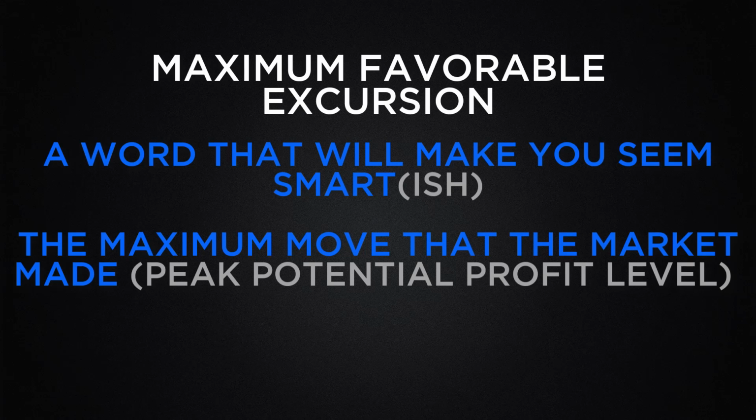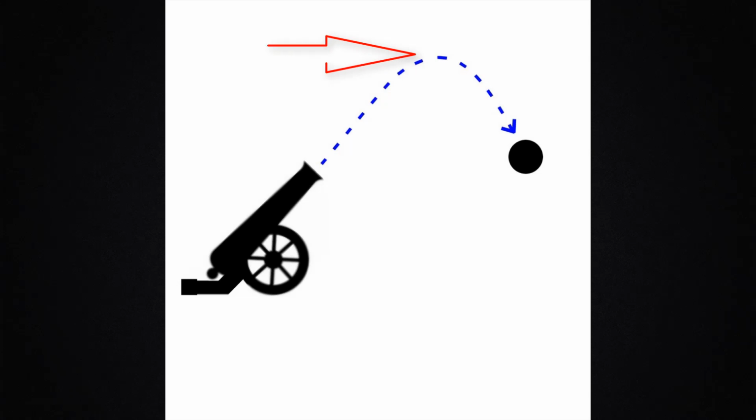But essentially what it is, you're asking yourself, what is the peak profit level? What is the maximum amount of profit that could have been taken on the trade? So if you're looking to get short, what was the maximum point that the market got short to before it reversed and eventually would have stopped you out? If everything was perfect, what is the absolute most you could have gotten on the trade?